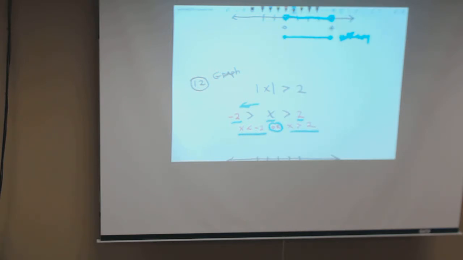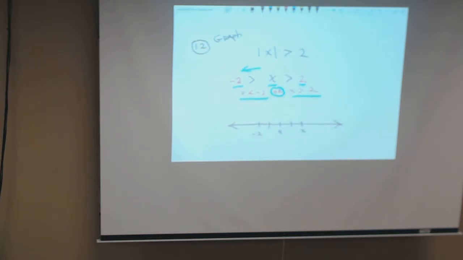I can use the same technique for setting it up, but because it says greater than, I'm going to have this or thing going on. So that means I put a circle here at negative 2 and go to the left, or I put a circle at 2 and go to the right.